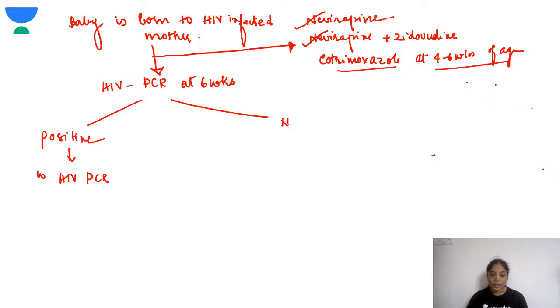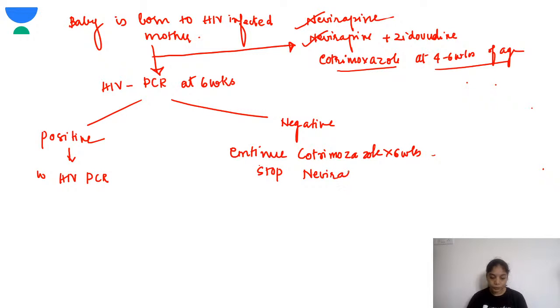If this is negative, you continue the cotrimoxazole. The nevirapine should be given for 6 weeks, and then you stop it at 6 weeks.